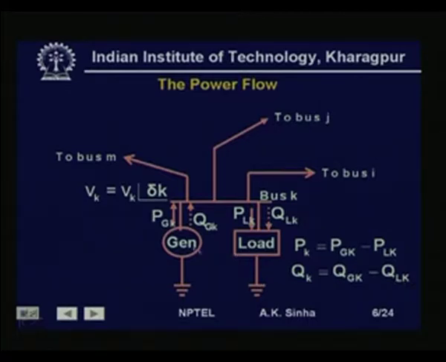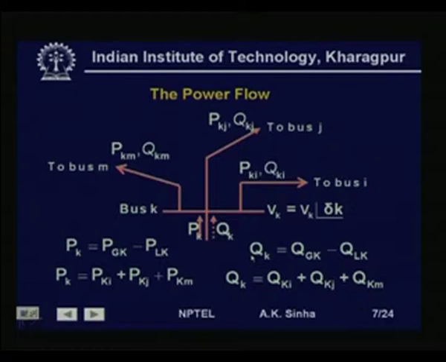So, this can be shown in this diagram, where instead of writing generation and loads at the bus bar, we now talk about injection into the bus bar. If we have a load bus, then there is no generation at that bus. So, what is going to be the injection?